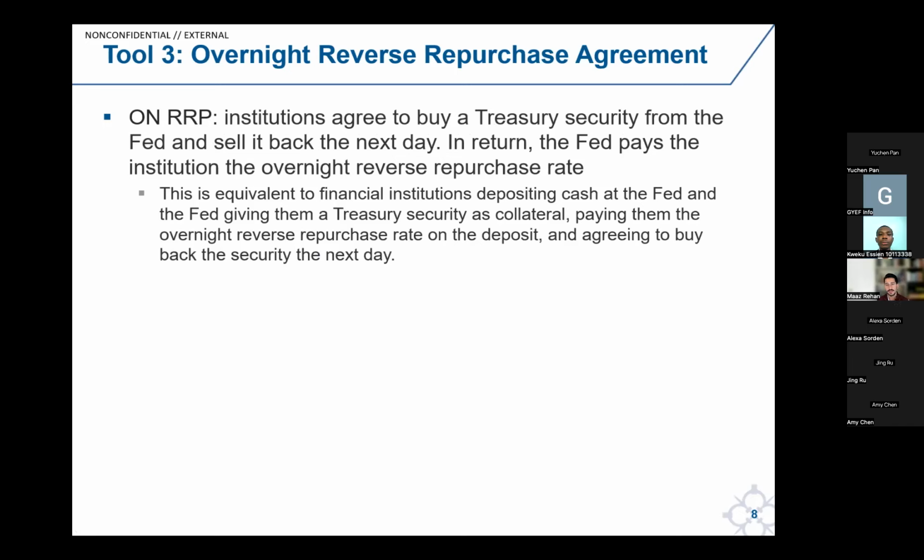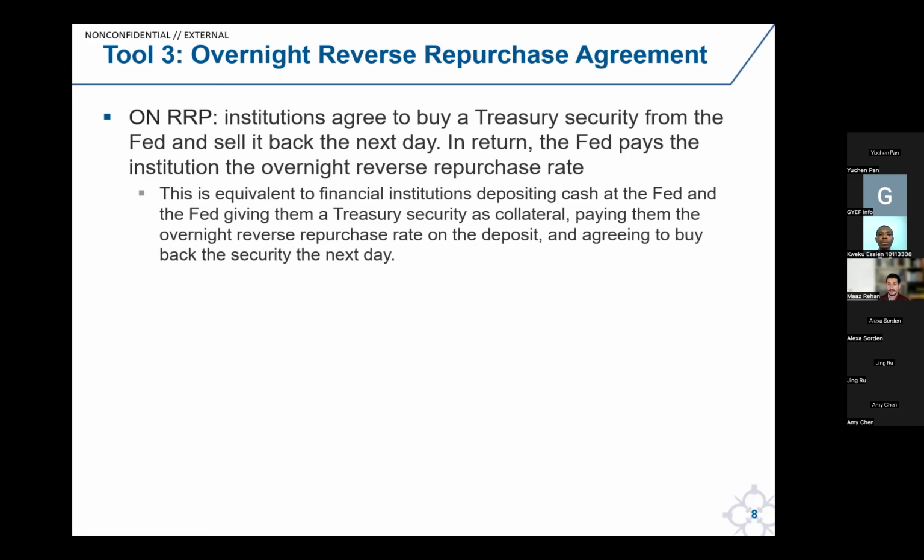Tool number 3 here is overnight reverse repurchase agreement, also known as, we love our acronyms at the Fed, ON RRP. So institutions agree to buy a treasury security from the Fed and then sell it back the next day.